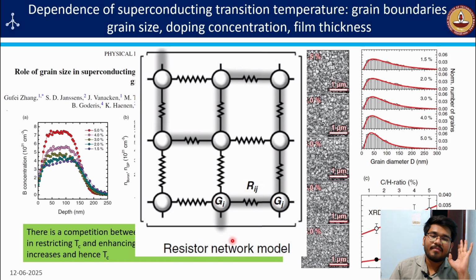So you need to have a small grain boundary thickness. You can have lower grain sizes, but your grain boundary thickness should be very small. Only then can you achieve superconductivity in ultra-nanocrystalline diamond. That is one tricky thing, because you don't really have control over the thickness of the grain boundaries in the growth kinetics.